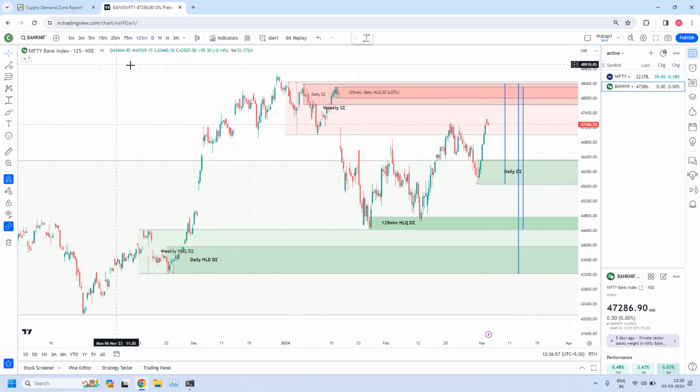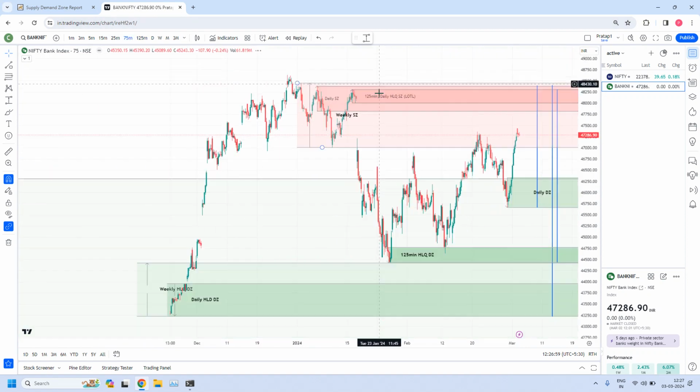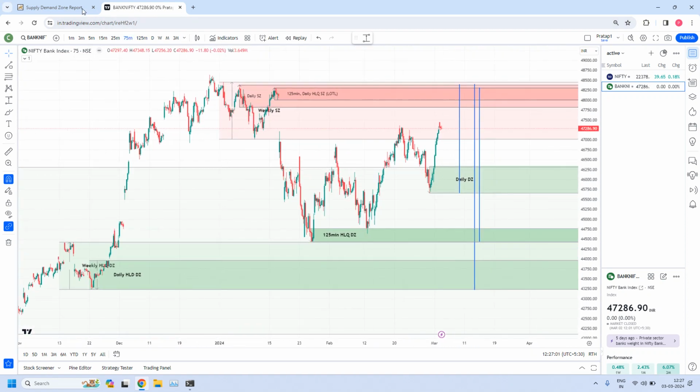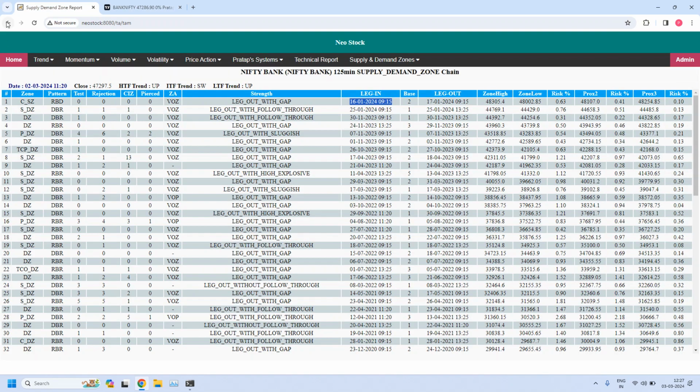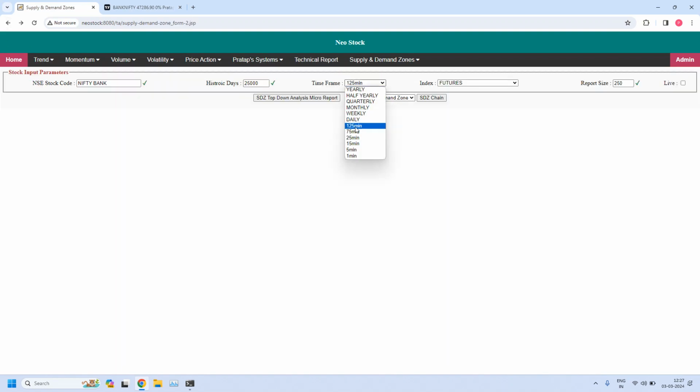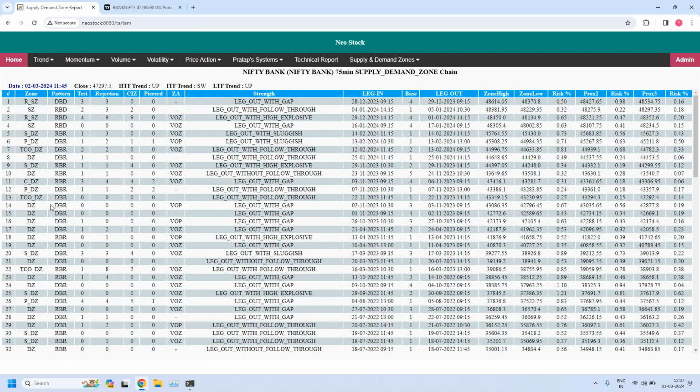Next, let us go to the 75 minutes time frame. I am going back, changing the time frame to 75 minutes. Let me generate the report. Here we have a high liquidity demand zone, the immediate demand zone, the fifth one.